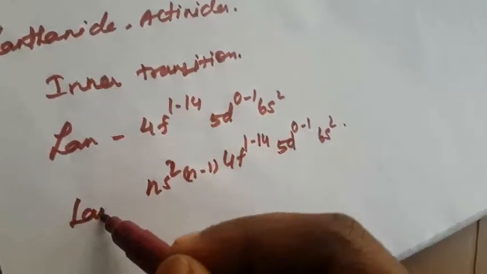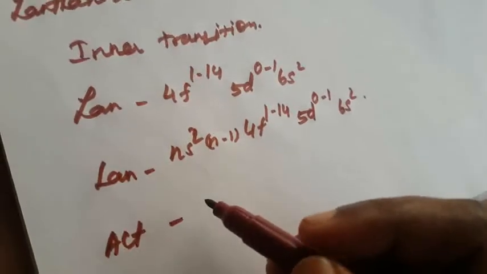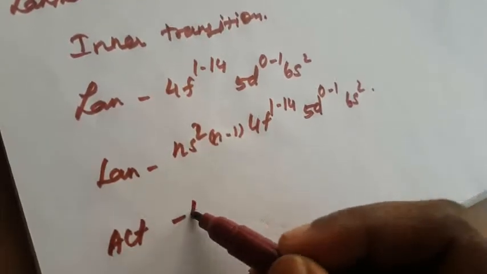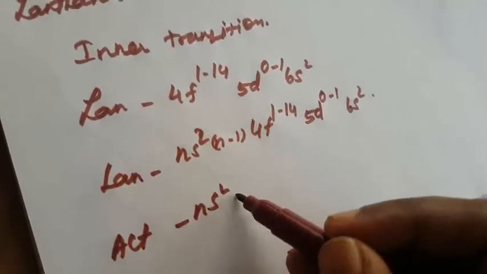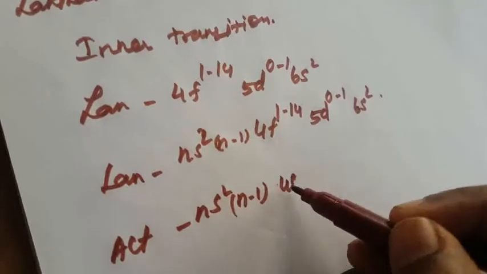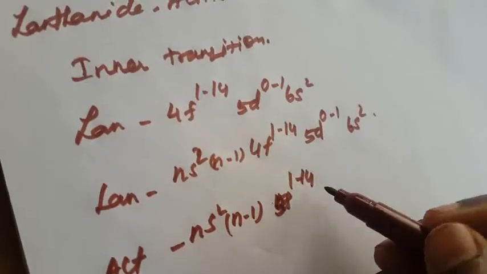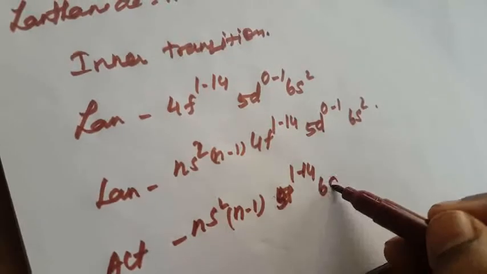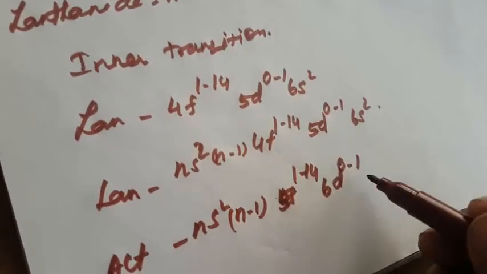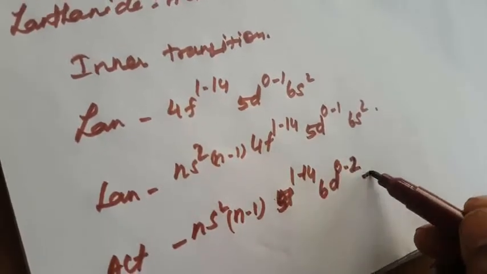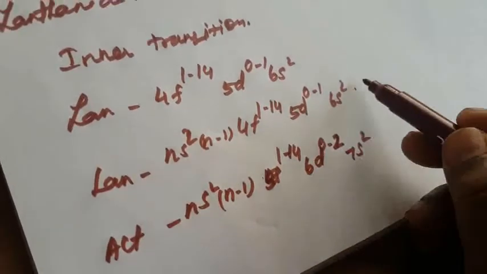This is called the lanthanide general electronic configuration. What is the actinide general electronic configuration? It is 5f1 to 14, then 6d0 to 1 or 0 to 2, and 7s2.